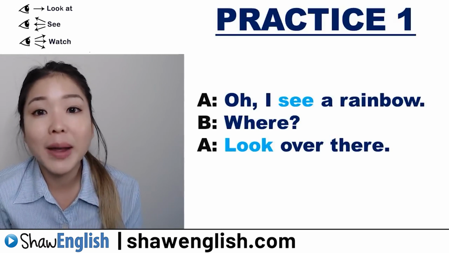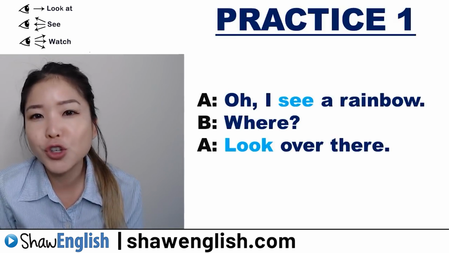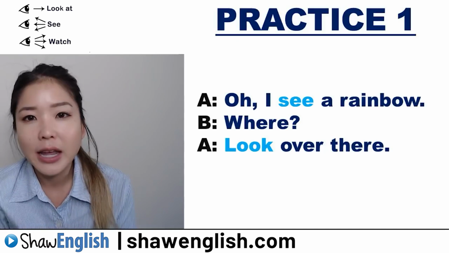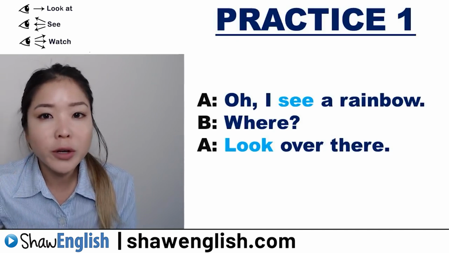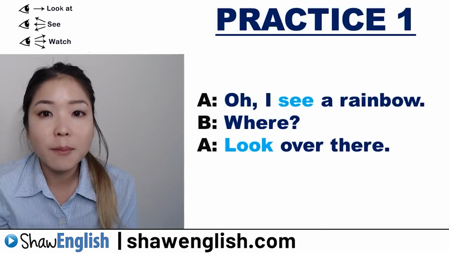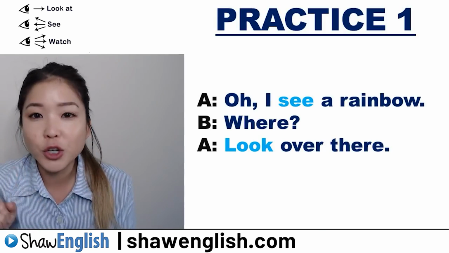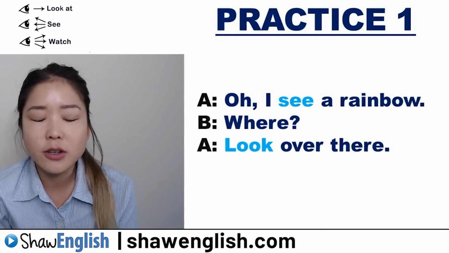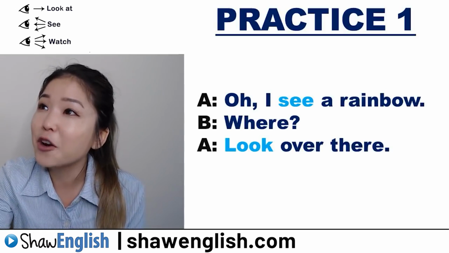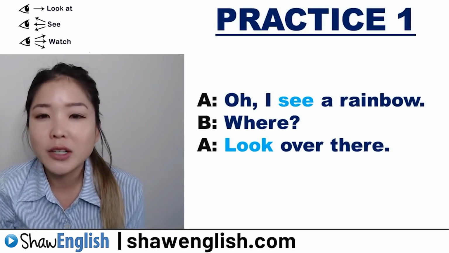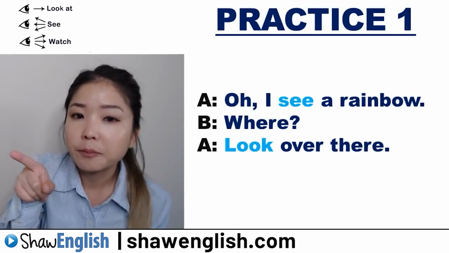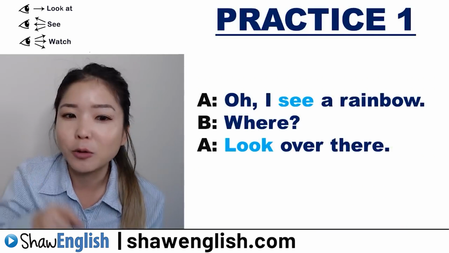You don't expect a rainbow. It's usually kind of a surprise, right? And remember, when we just don't expect it, but you notice something with your eyes, with your vision, you use the verb see. So, oh, I see a rainbow, right? You're being surprised. They might point. Oh, I see a rainbow.